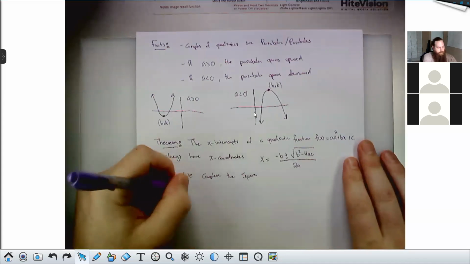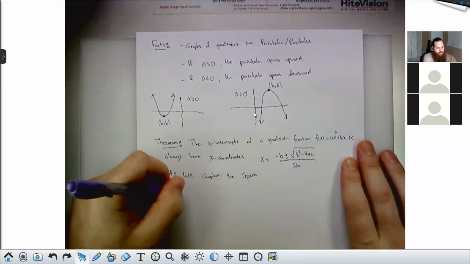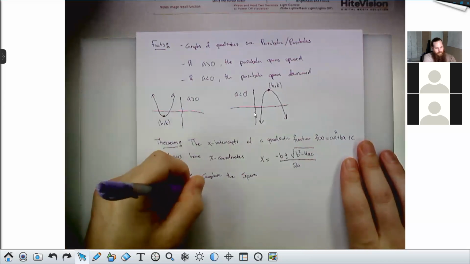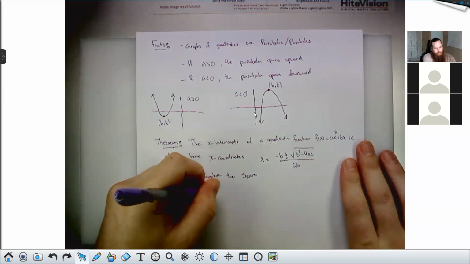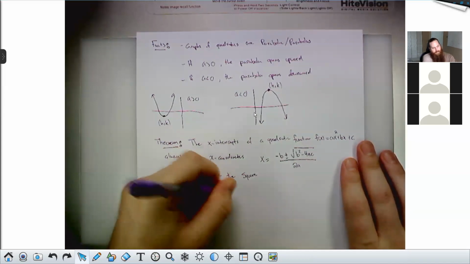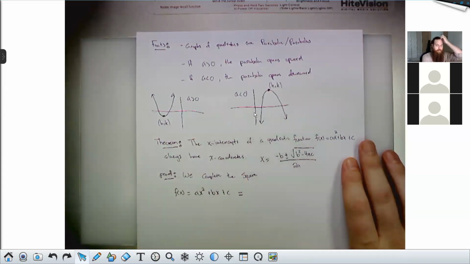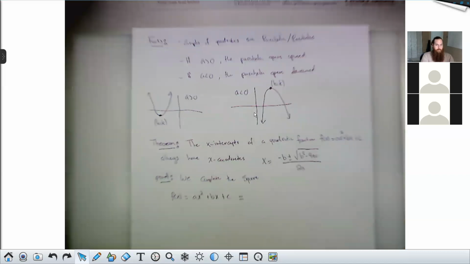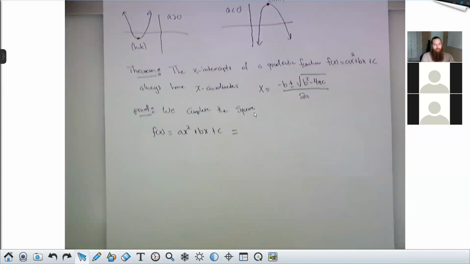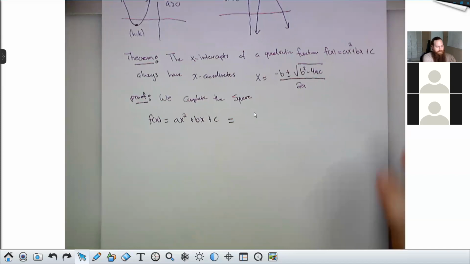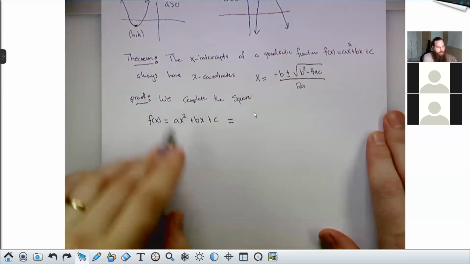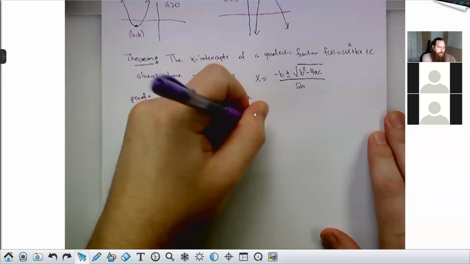We have to take our fully general f of x equals ax squared plus bx plus c and complete the square. So my first step is to make the coefficient of x squared 1. That means I need to factor out an a.